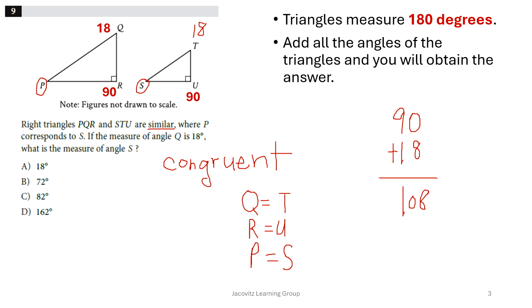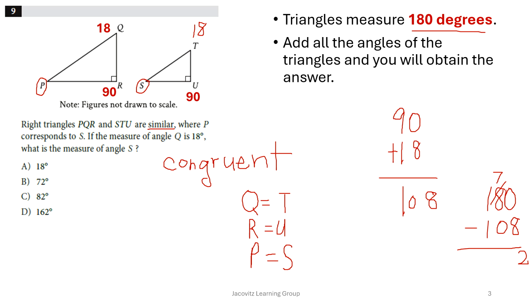And forgive me, that looks like an intersection and not a real 8. So that's 108. Now, if all triangles measure 180 degrees, 180 minus 108, borrowed from here.